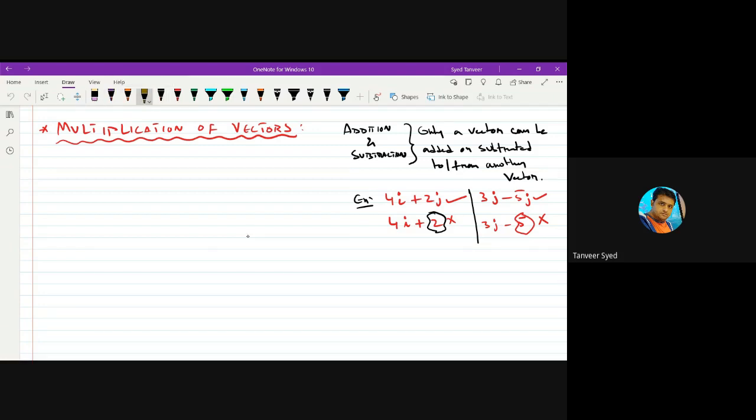So multiplication of vectors, I can divide it into two categories. One is scalar into vector. This is one type of multiplication. Another type of multiplication is vector into vector.